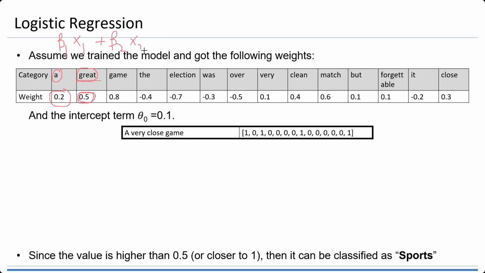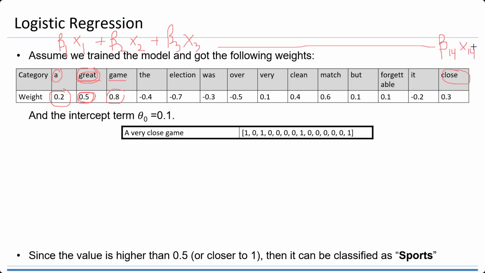And we have the x2. It represents the word great. And so on. So the next word is Kim. So it means the beta 3 is 0.8. And the word Kim is x3. Until we have the word close. Okay, so we have this beta 14. And then we have the x14. Something like this one.